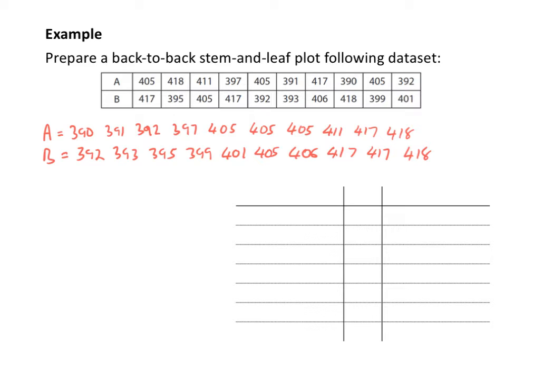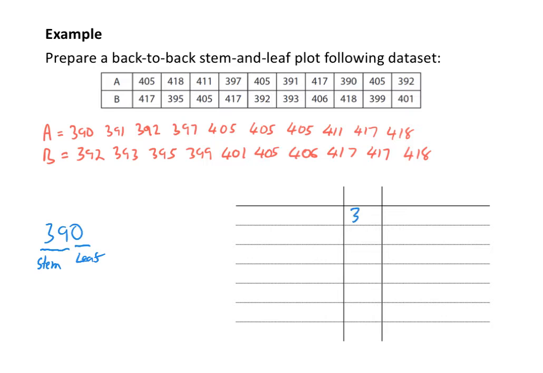And for this one, because I have 3 digits, my stem is going to be the first 2 digits, and then the last digit is going to be the leaf. So I need a scale that goes from 390 up to 418.